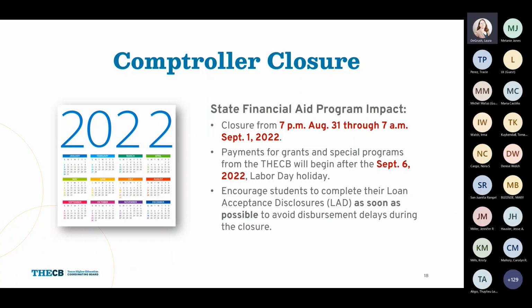This is really important for students that are working on the process of getting a loan. Encourage that LAD be completed as soon as possible. Given we're close to the end of July and going into August, the sooner the better so that they don't have a delay in getting that set for them.